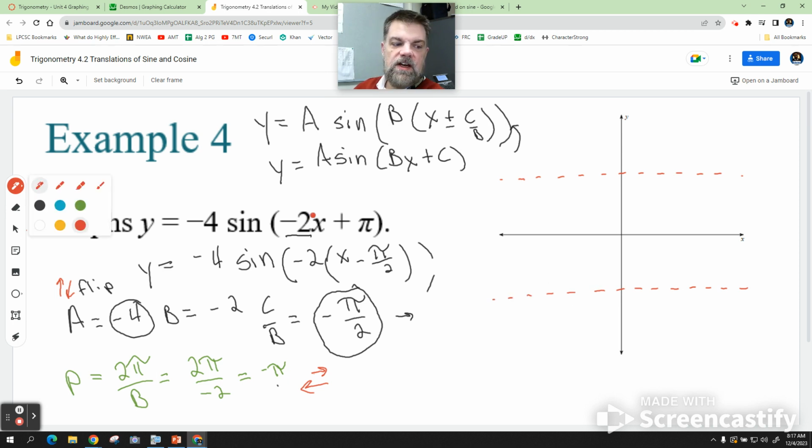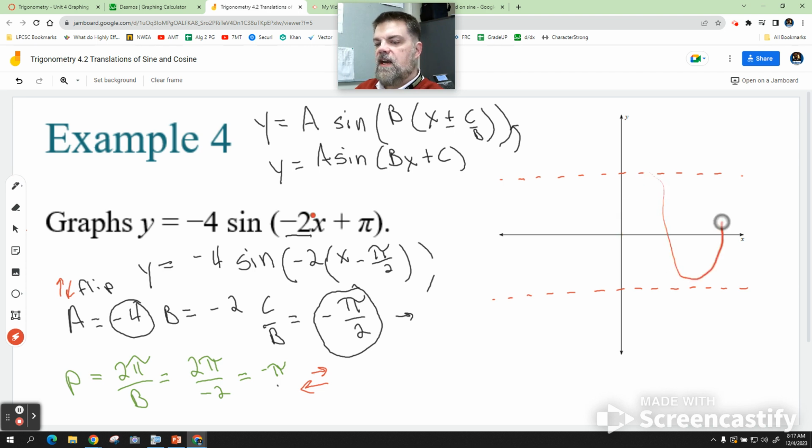All right, so now normally sine would start here and have a period of 2 pi. But because a is negative, instead of going this way, I would flip it this way. But because my period is negative, it would go from this to flipping the other way, which would be this to this, which would be back to the original. Does that make sense? You guys kind of see that?